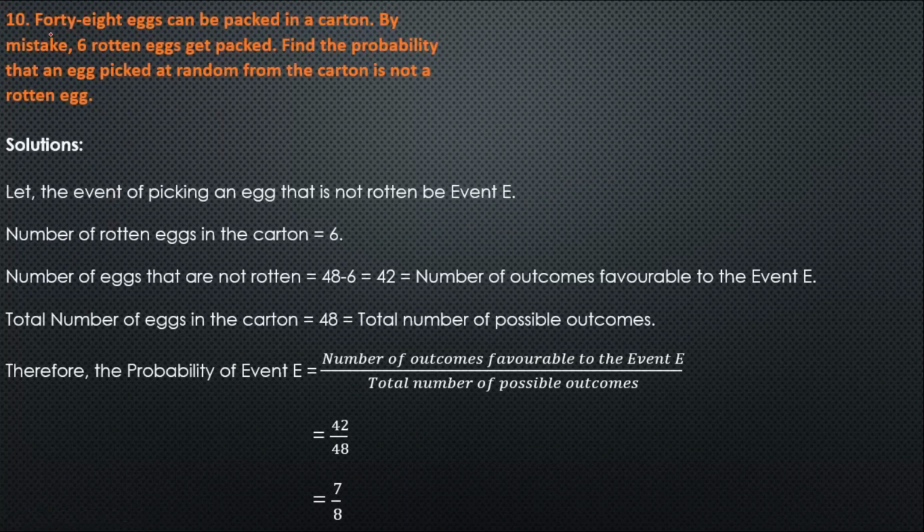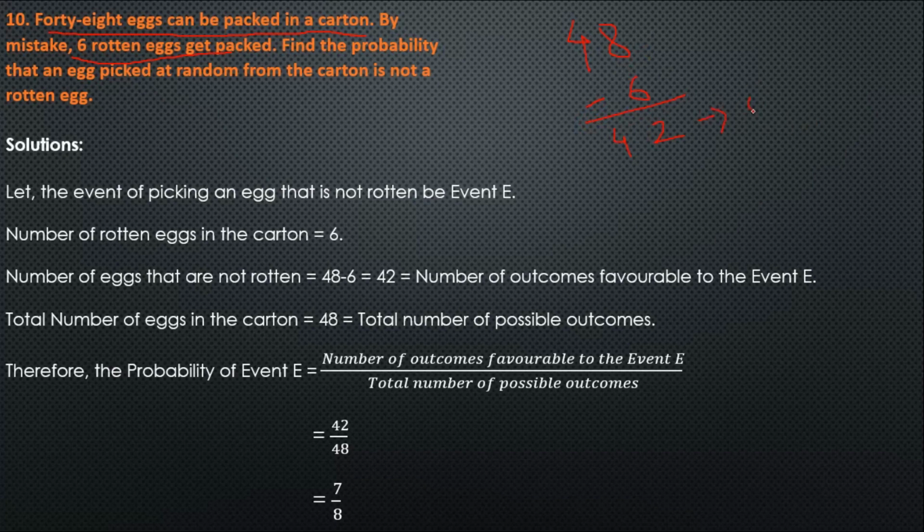Last question. 48 eggs can be packed in a carton. How many eggs, students? 48 eggs. By mistake, 6 rotten eggs get packed. This means there are 6 rotten eggs out of 48 eggs. How many good eggs are there? It is just subtracted. This will give you 42.